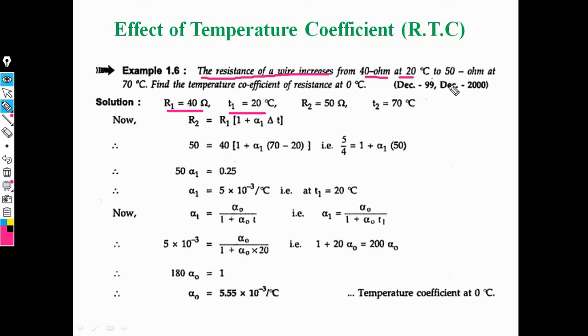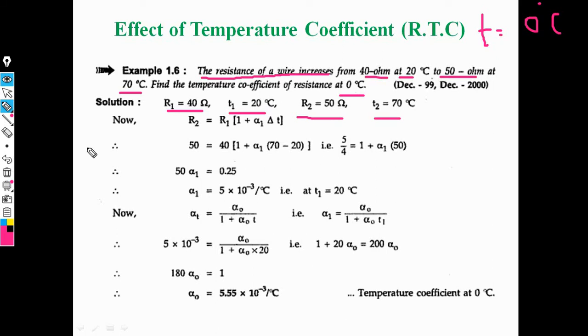Then the second one is R2, 50 ohm, and its temperature is 70 degrees Celsius. Now we have to calculate the resistance temperature coefficient at 0 degrees Celsius.